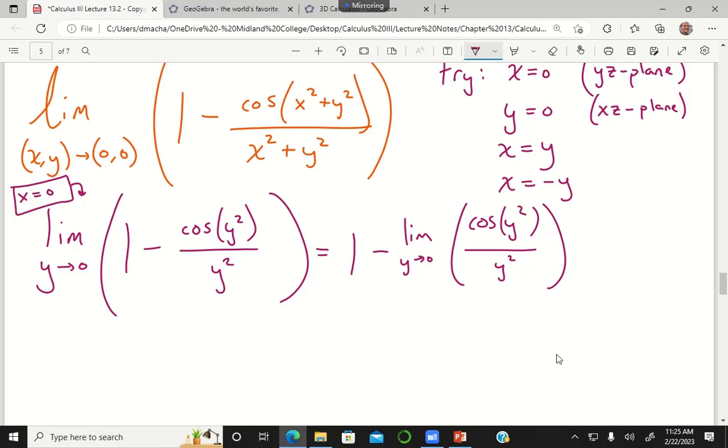In the denominator, y squared is always going to be positive, but approaching 0. So this is going to blow up towards positive infinity. And so since I have 1 minus something that's blowing up towards positive infinity, this is going to be a limit of negative infinity.